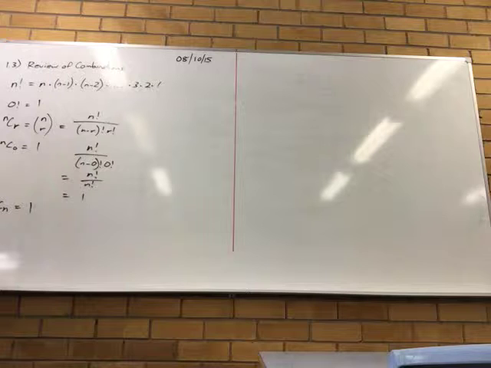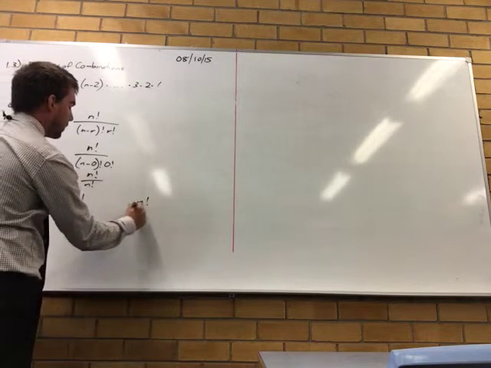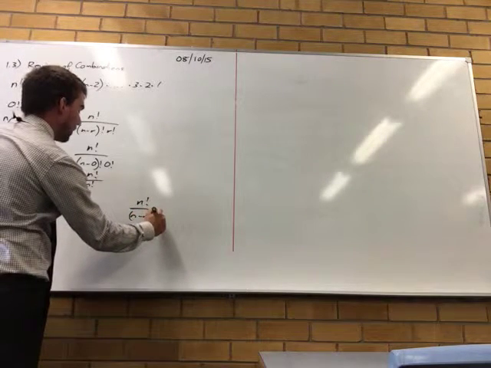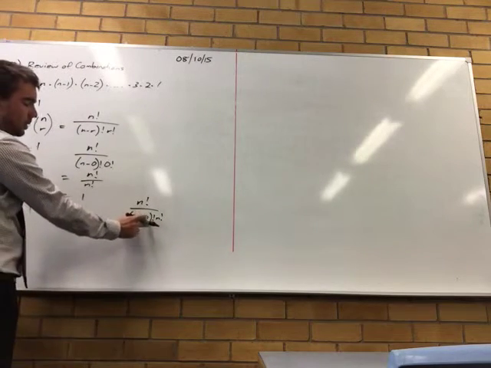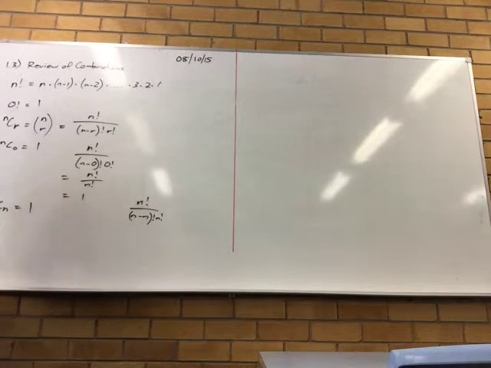Permutations do have a set order, the way people line up in a line. And here we go: n factorial over n take away n factorial times n factorial. So n take away n is 0, 0 factorial is 1, n factorial over n factorial is 1. That's why that works.